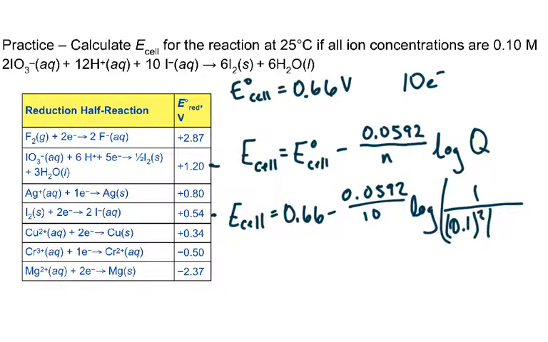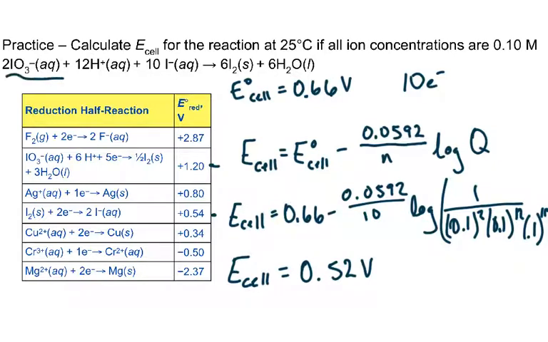For the H plus, it's going to be 0.1 to the 12th. And then my I minus is 0.1 to the 10th power. So my new cell potential is 0.52 volts. So I've lowered all of these concentrations. Instead of being at standard condition, they're 1 molar. So it makes sense that my cell potential is lower because I'm starting with less material.